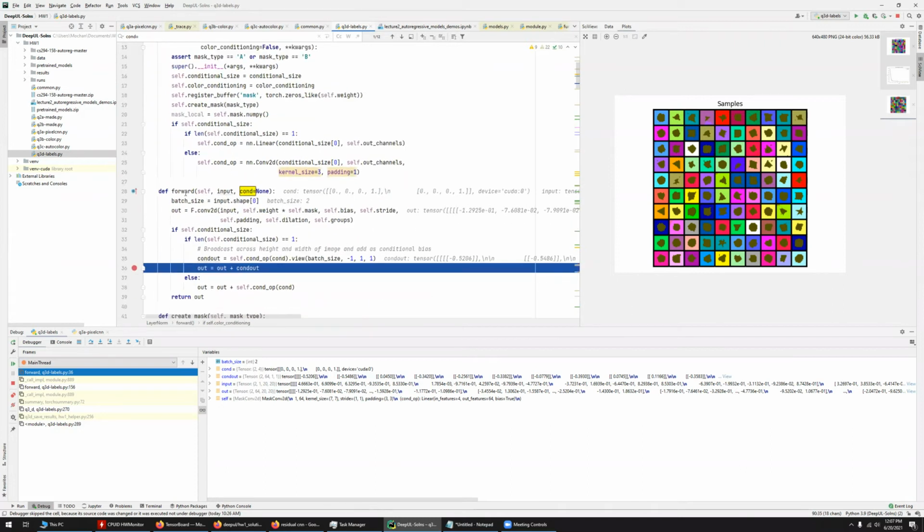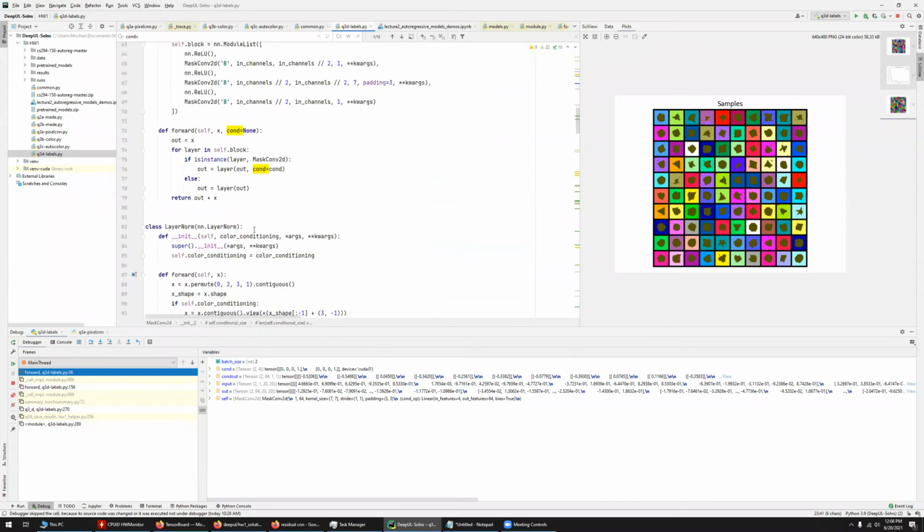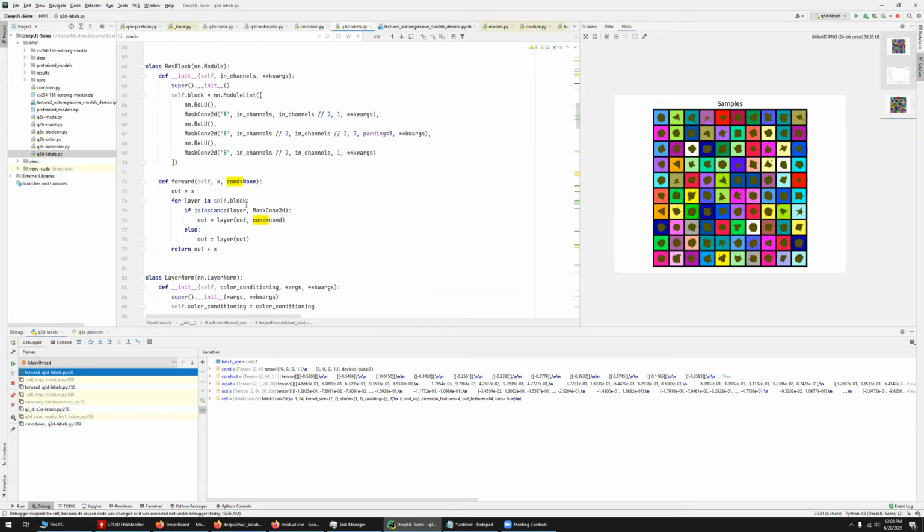The mask conv, when it does a forward pass, asks the linear one to also multiply it and broadcast it and add it over everything, and that's the only place. The residual block also does it, but it's just sending it to the convolution block.